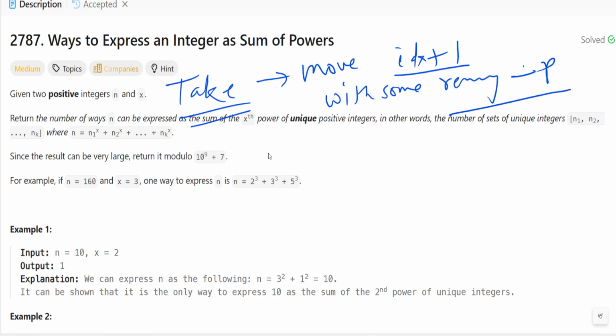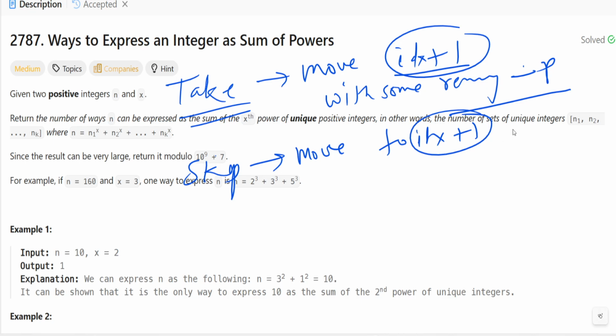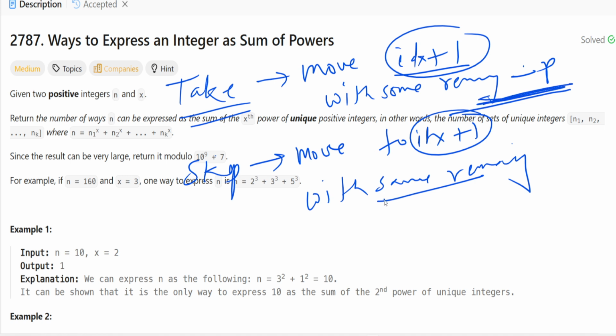If we are skipping, a skip will move to IDX plus 1, both are the same, with the same remaining. We will not do any minus, we'll go with the same remaining. Here we are subtracting, but there we will keep the same remaining. So we'll do these two things, either take or skip.